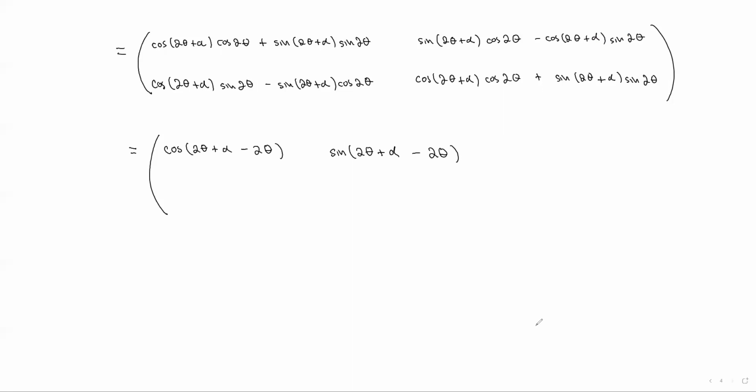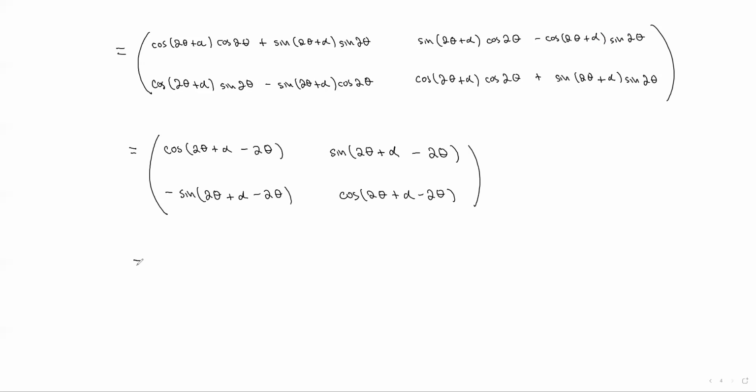I think so. And the bottom left is just the negative, so this is negative sine(2θ + α − 2θ). And the bottom right is the same as the top left, so it's just cos(2θ + α − 2θ) again.